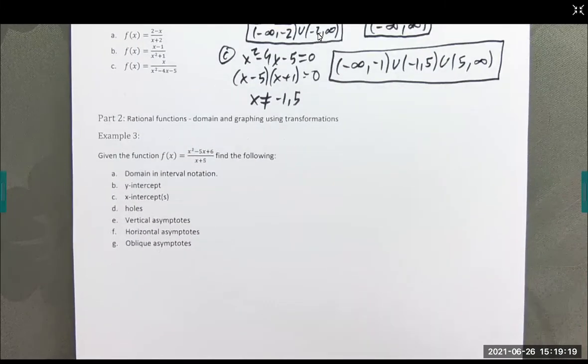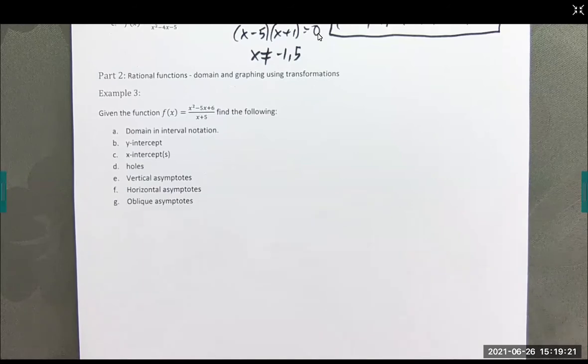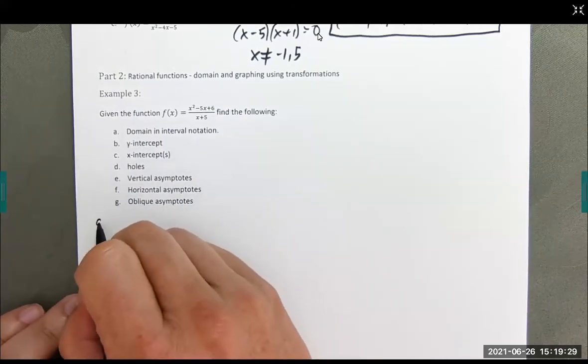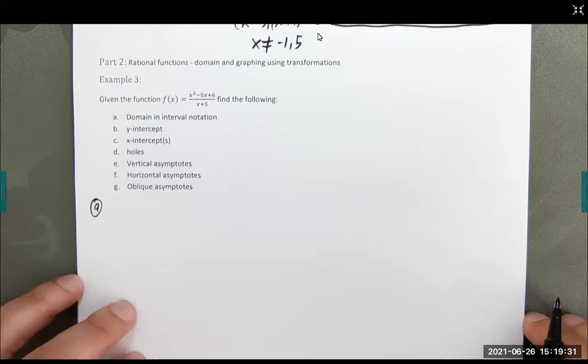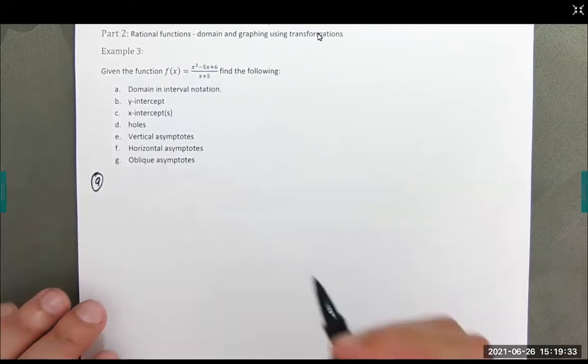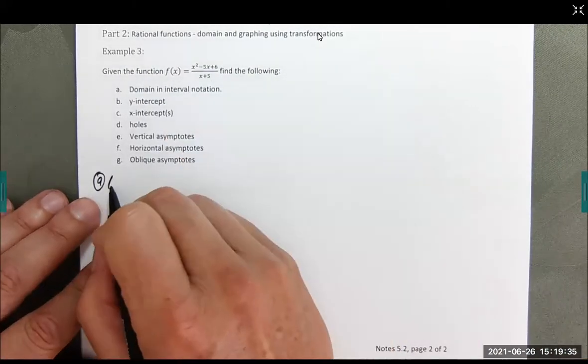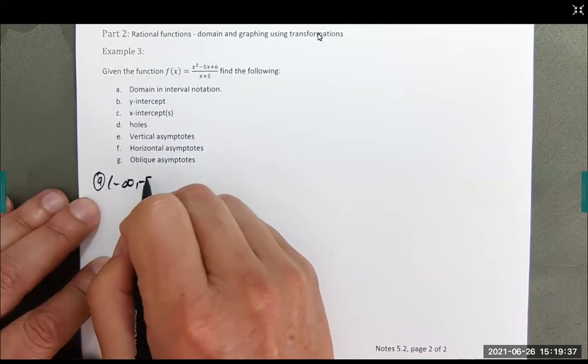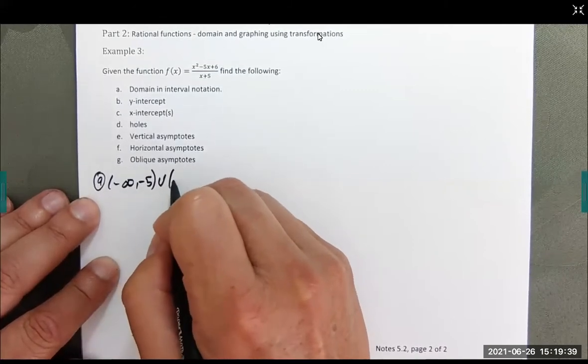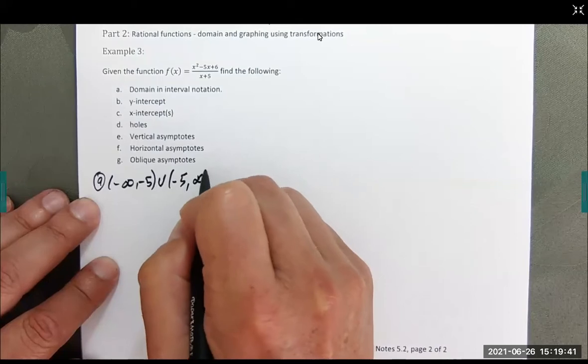All right, part 2. So given the function, we're going to find the following. The domain in interval notation. Okay, so start with part A here. The domain in this case is going to be x can't be negative 5. So it'll be negative infinity to negative 5, then negative 5 to infinity.